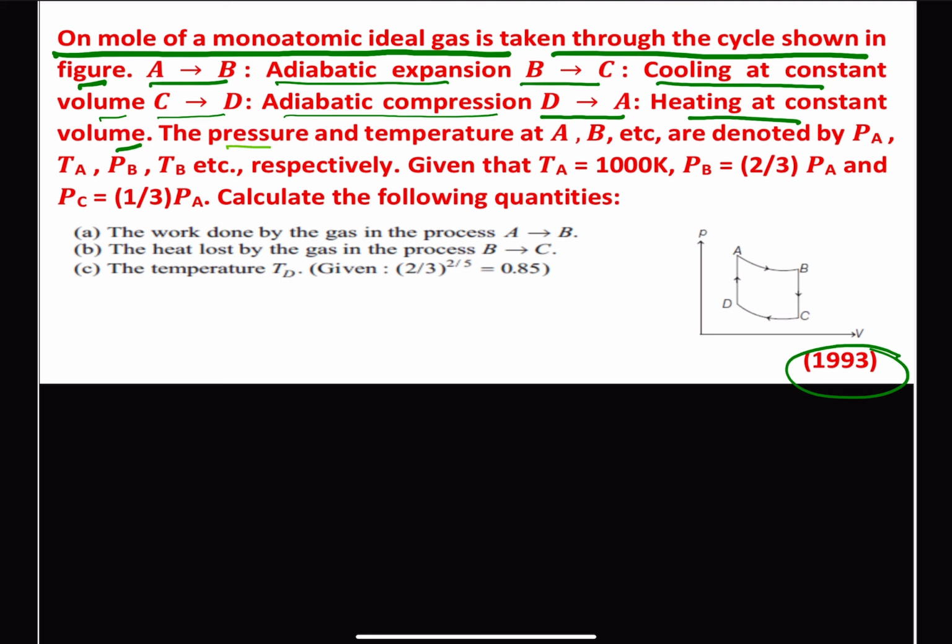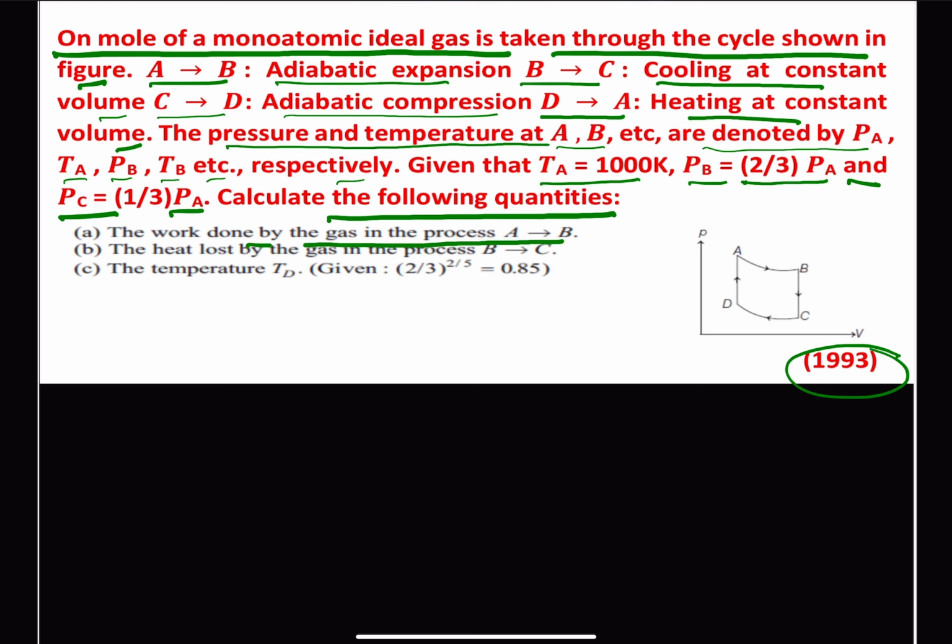The pressures and temperatures at A and B are denoted as PA, TA, PB, TB, etc. respectively. Given that TA is 1000 Kelvin, PB is 2/3 of PA, and PC is 1/3 of PA. Calculate the following quantities: work done by the gas in the process A to B, heat lost by the gas in the process B to C, and temperature TD. A basic figure is given to us.